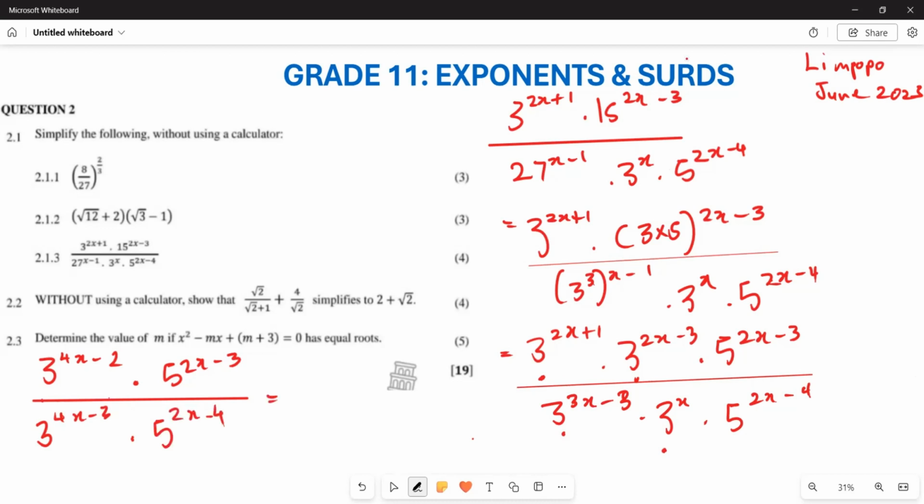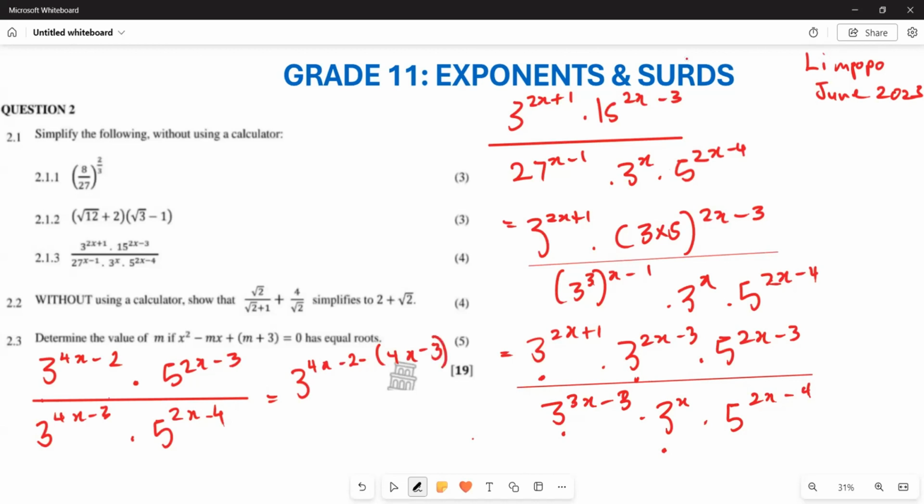Now, when you are going to take these to your numerator, let's see. When you take this to your numerator, this is going to be 3 to the power of 4x subtract 2, subtract what? Now, remember, when you take these 4x subtract 3 into your numerator, you're going to subtract, right? So this is going to subtract 4x, subtract 3, right?